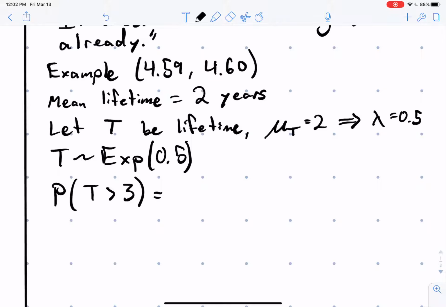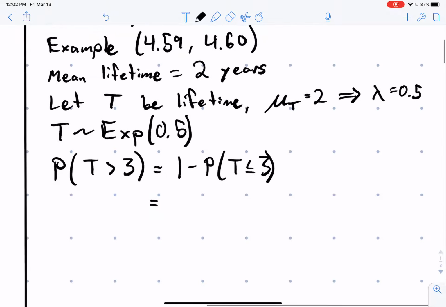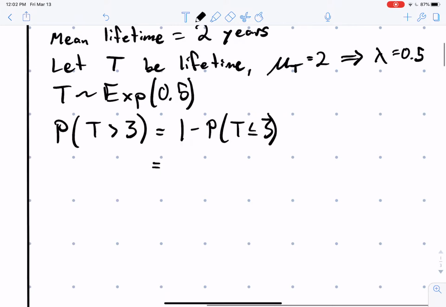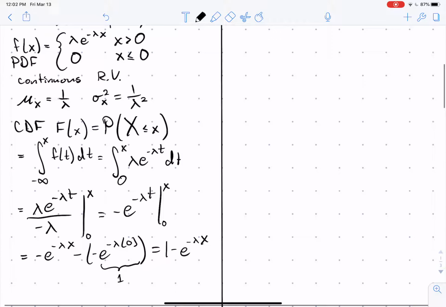We can use the CDF for this by saying that this is the same as 1 minus the probability that T is less than or equal to 3. This equation is the CDF, so we can use it.